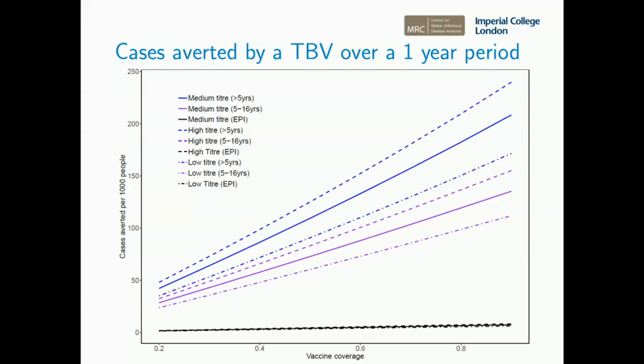And then these black lines trickling along at the bottom are what you might find if you included the vaccine in an EPI program vaccinating infants. I've just included that to underline that that's not what you would use this vaccine for, because although a lot of clinical disease will be in that cohort, they're not driving transmission.